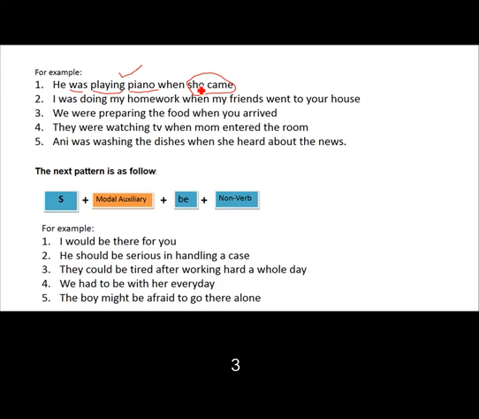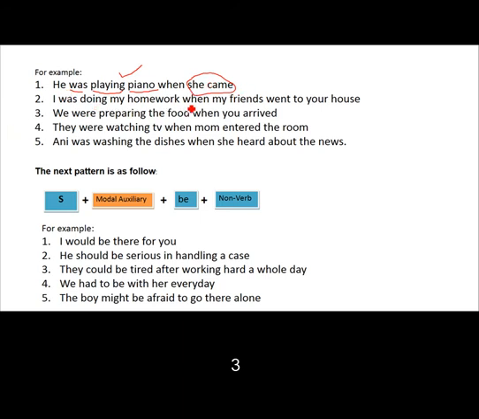No, because the activity is already done before now. So he was playing piano, meaning when she came, the piano was being played by him when she came.